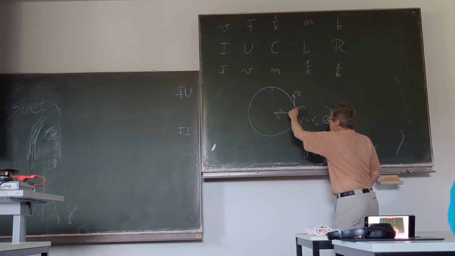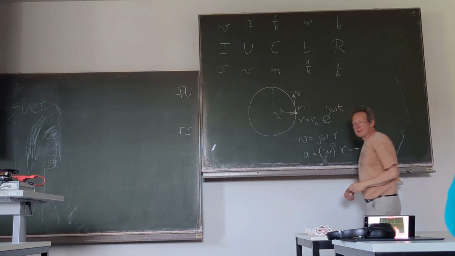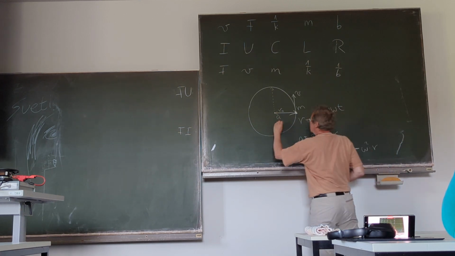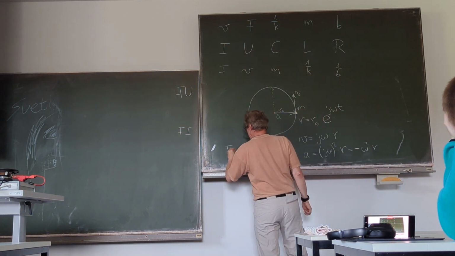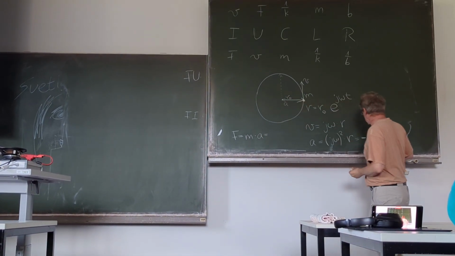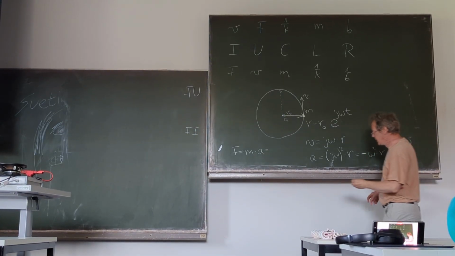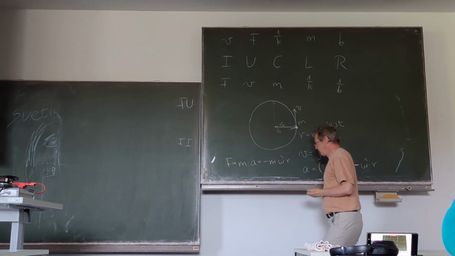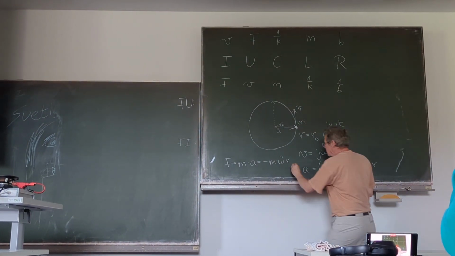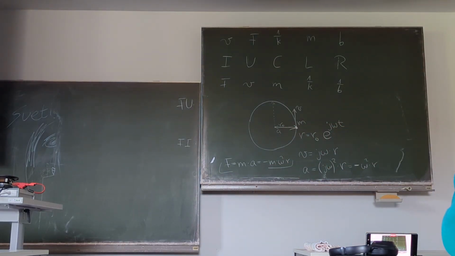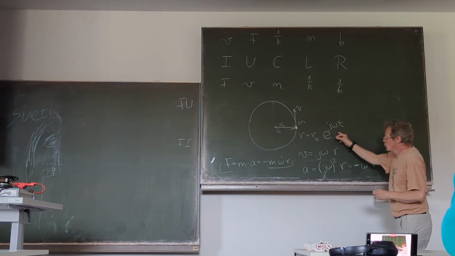To stay on the circle, we need a force pointing inwards. That's the minus sign, because this force is mass times acceleration, which is minus mass times omega squared times r. This is probably a known formula, but this is where it comes from. You could say it's derived from complex oscillations.